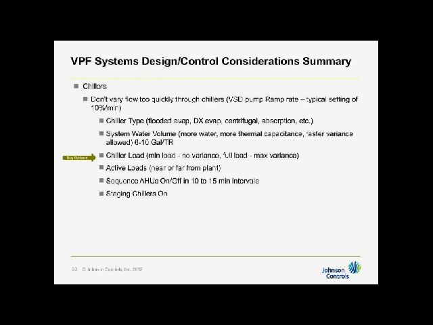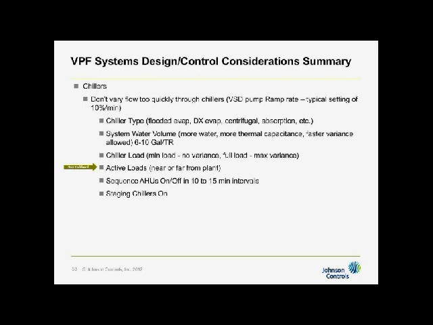Right? Active loads, where the loads are active in the system. If you remember that from the speed chart we were looking at in the head, where you got the head area, when the loads are active far away from the pumps, then you're going to higher heads and higher speeds. Well, same thing kind of happens here. The loads that are active far away from the plant means that gallon of water leaving takes longer to return.